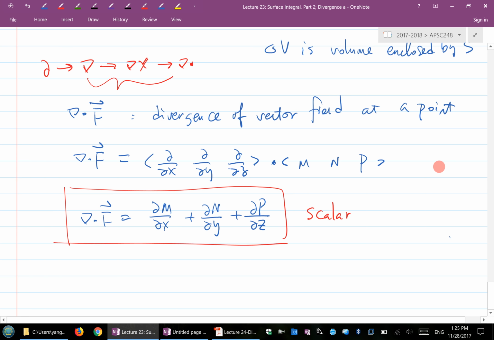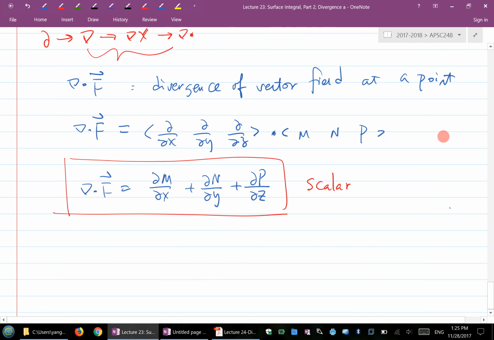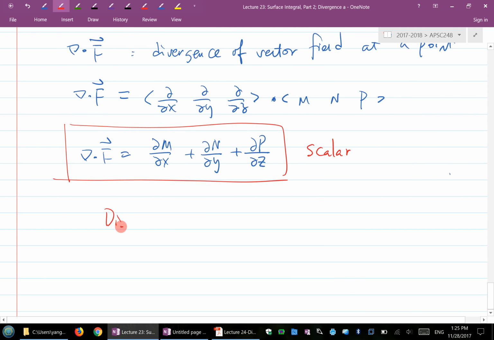So let's come back to the divergence. What exactly is the divergence of a vector field? How do we interpret it? If I write it using very simple language, it's basically a net flux, right?